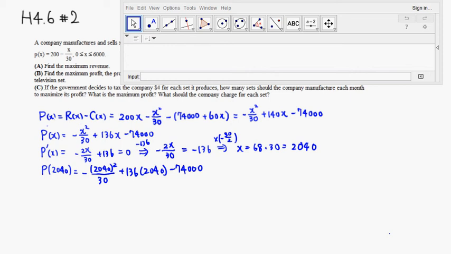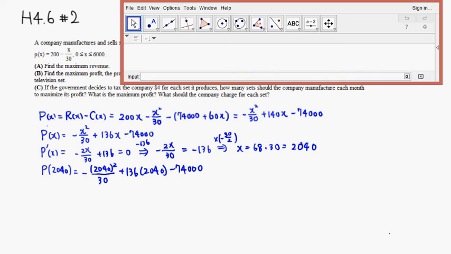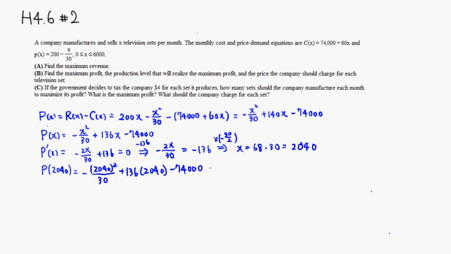Negative 2040 squared divided by 30 plus 136 times 2040 minus 74,000 gives 64720. So that's the maximum profit.